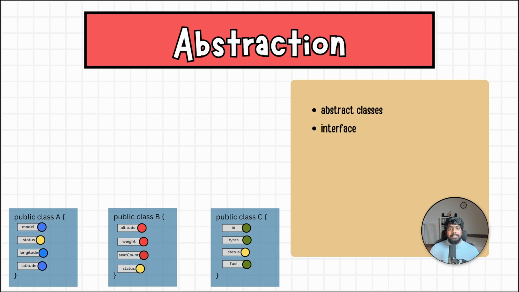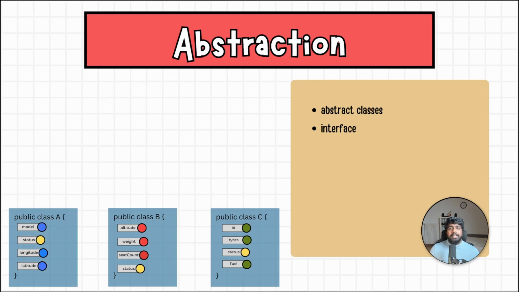But in abstraction, the whole point is different. We are not demonstrating a parent-child relationship. We are simply extracting out the common parts of your code and putting them in a central location. That central location does not represent an actual object. So this is why in Java you cannot create objects from abstract classes and interfaces.